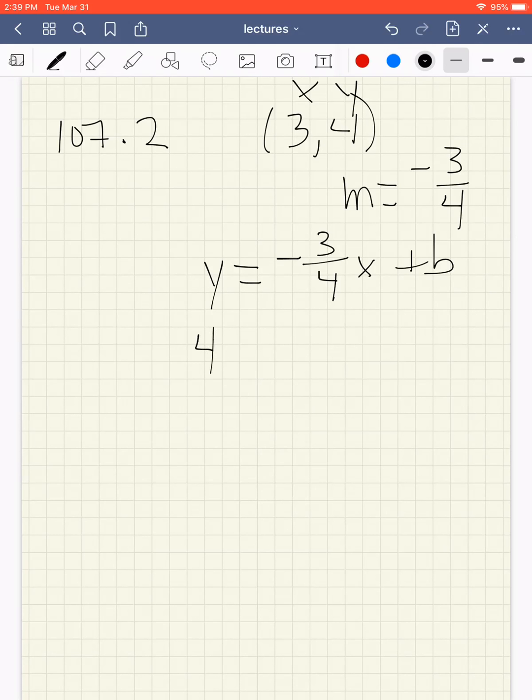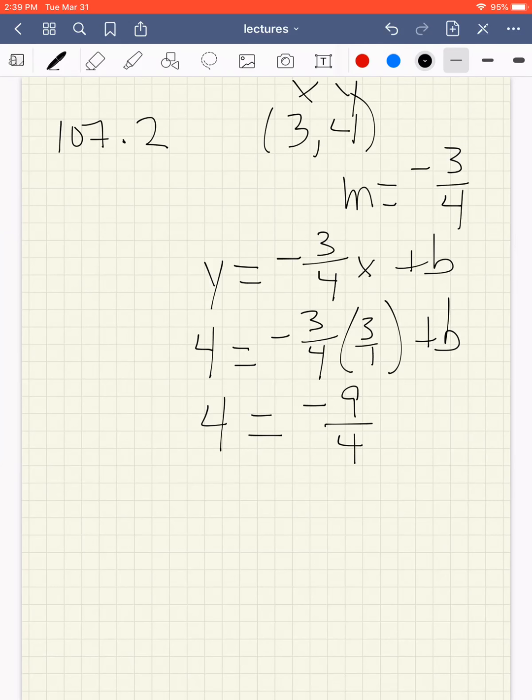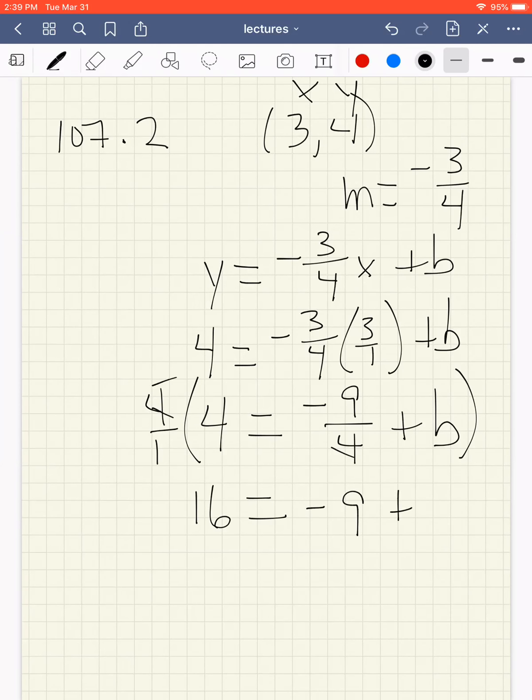So I'll have 4 equals -3/4 times 3 plus b. 4 equals -9/4 plus b. And to get rid of the fractions, I'll multiply through by the common denominator, which is 4. So 4 times 4 is 16. The 4's cancel, that's -9, plus 4 times b is 4b. And I'll add 9 to both sides.